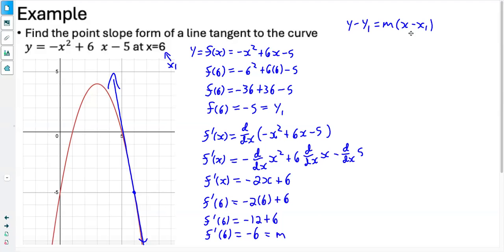So now we'll rewrite our equation in this form. We've got y minus y1 equals m times x minus x1, and we'll substitute what we have in. So we've got y minus y1, which is negative 5. So y minus negative 5 would be y plus 5 equals our slope, which is negative 6, times x minus x1, which was 6. And there is our tangent line in point slope form.